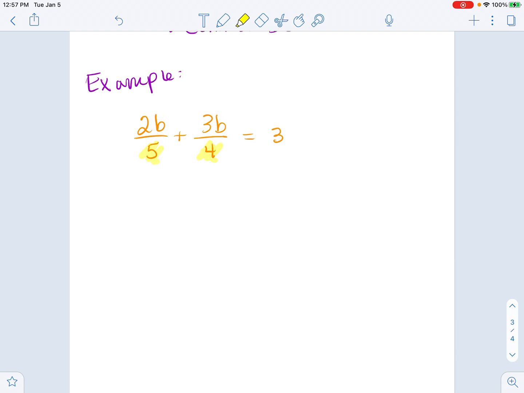That may or may not be the least common denominator, but in this case it doesn't matter. All you need is a common denominator to do this technique. So what I'm going to do is multiply both sides of this equation by 20.